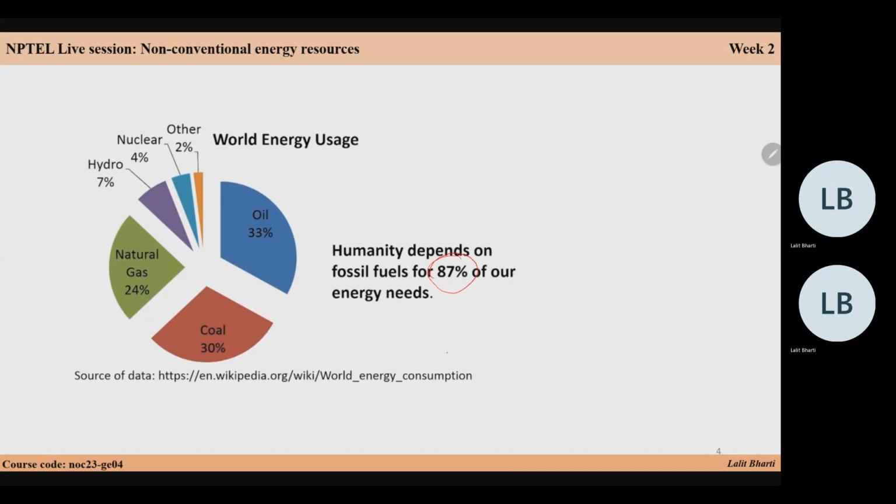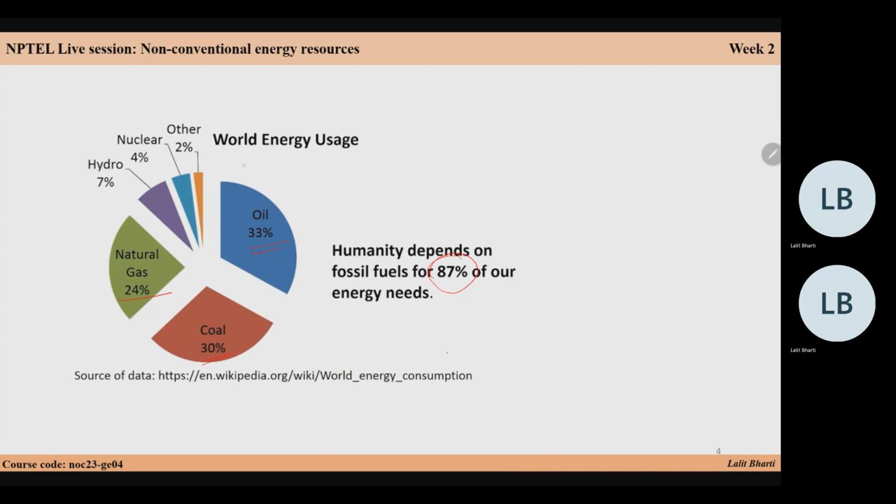This data has been taken from Wikipedia. The contribution of coal is around 30%, oil is 33%, natural gas is 24%, and other is 2%, with nuclear 4%, followed by hydro 7%.